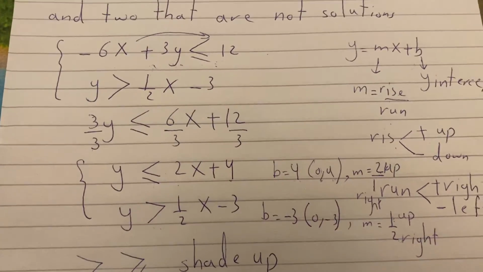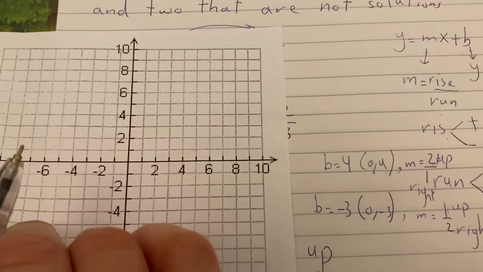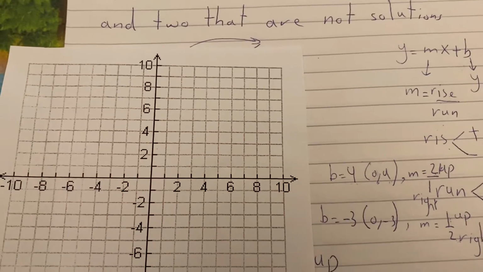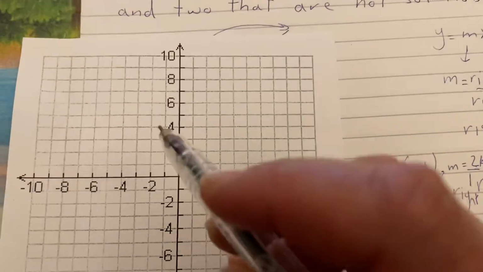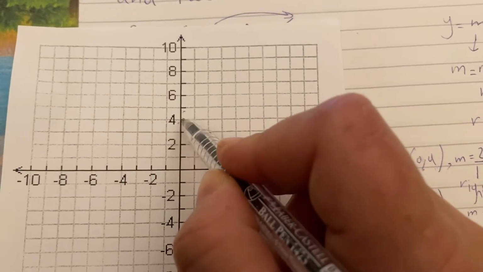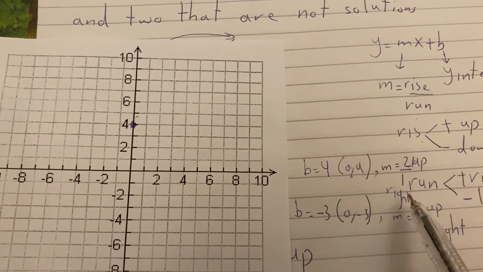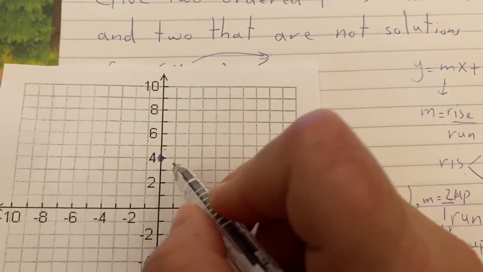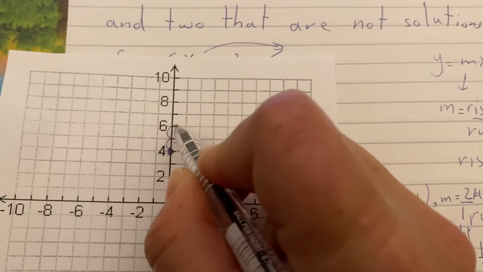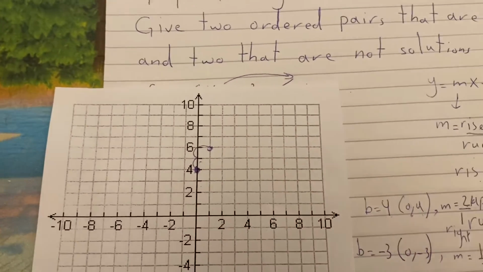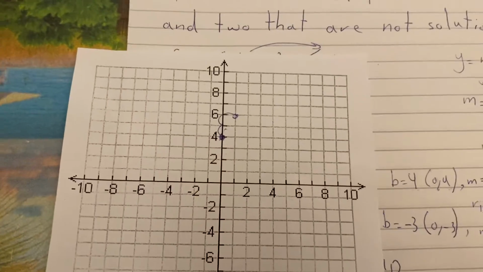Now I will take my graph and I will start graphing. I will put this information here. First I will put my b, 0 and 4, so I will go up here on the y-axis as we said. Then I have to go 2 up and 1 to the right. So I go 2 up and then 1 to the right, it's here. Then I connect them with my ruler. I should have my ruler with me.